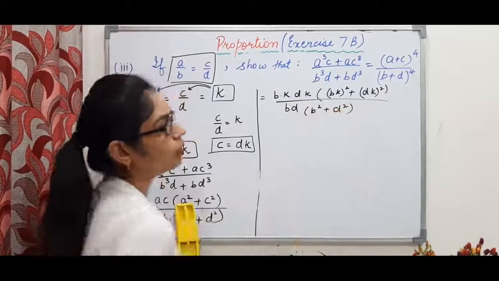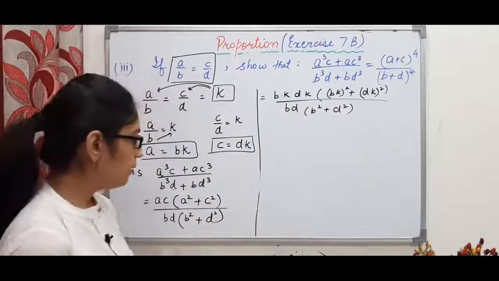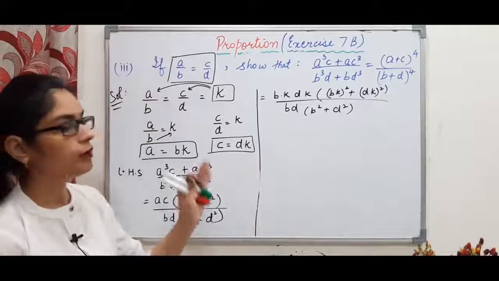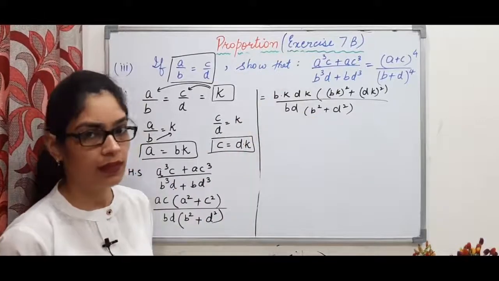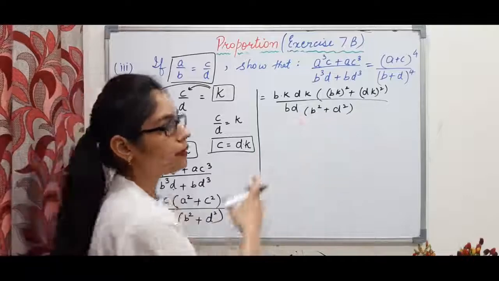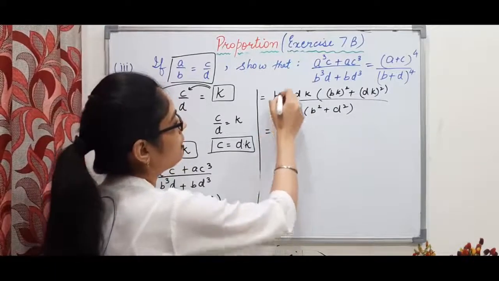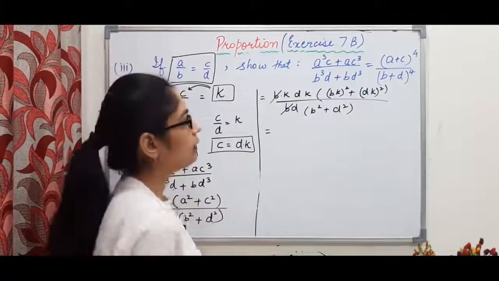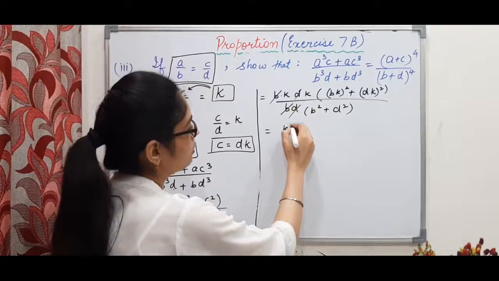Here we will not make any change in the denominator, because we have already converted AC in the form of B and D, so that we can get similar terms and do the cancellation. Now one B and this B will get cancelled, D and D will get cancelled, so I am left with K square.